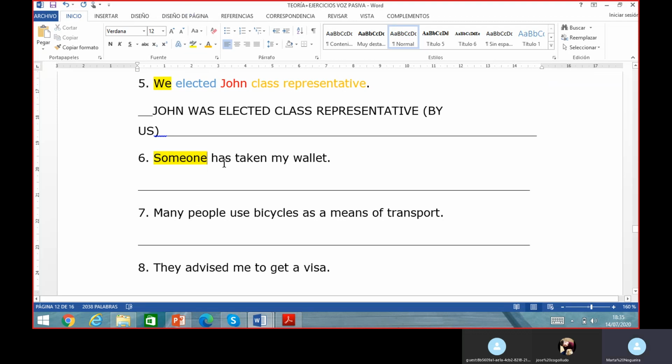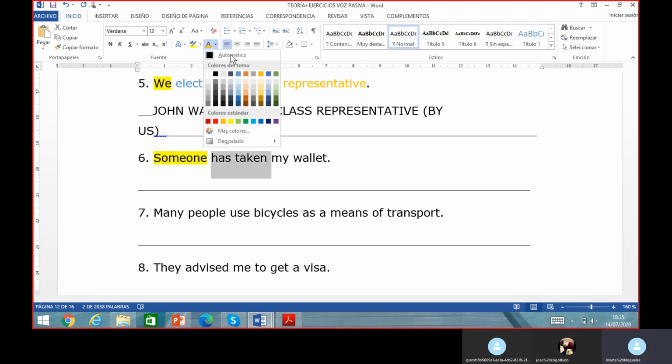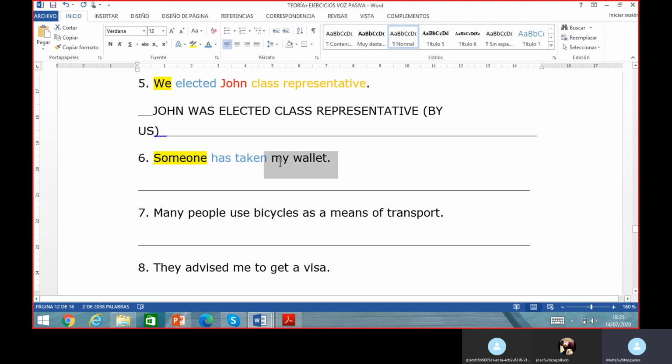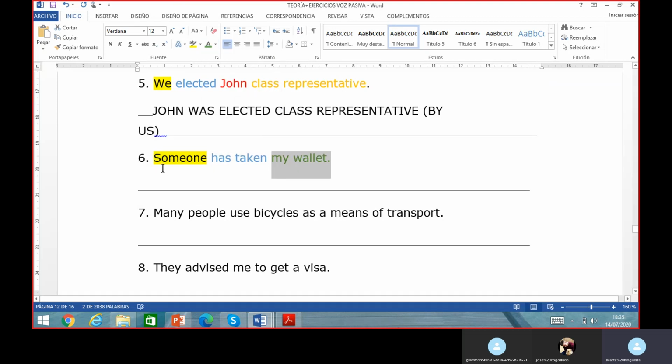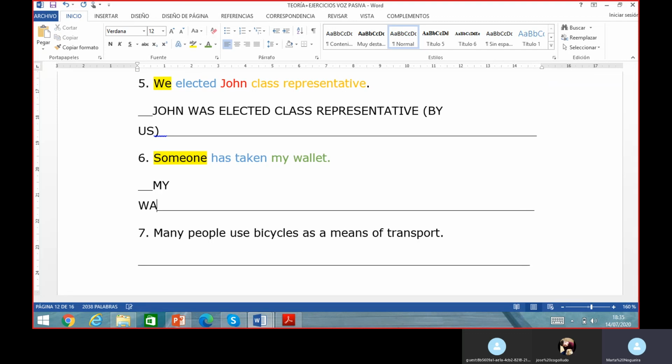Someone is my subject, has taken the verb, and my wallet is the complement, which is the direct object. And we don't put by someone because this would sound strange. I mean, redundant. This is not necessary.